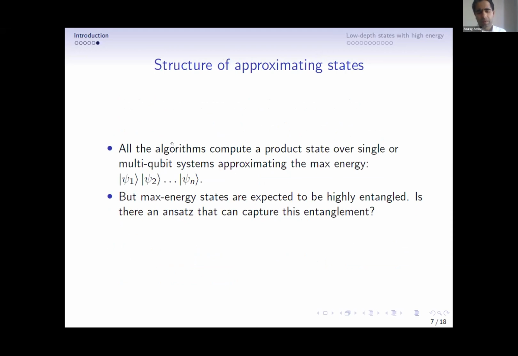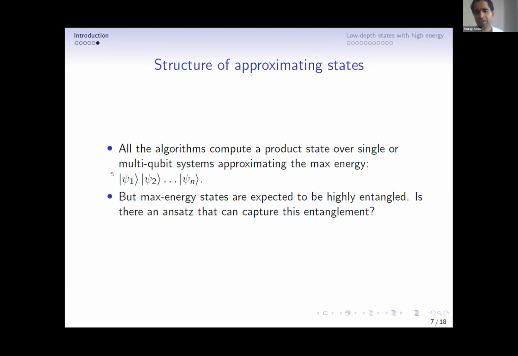And these classical algorithms output usually the most classical state out there, which is a product state. That means the state that they exhibit, which witnesses that your energy is at least R times the max energy, R being the approximation ratio, is of the form psi1 tensor psi2 tensor psi3 and so on. These are single qubit product states acting on each qubit.